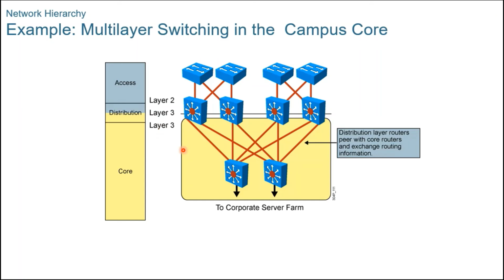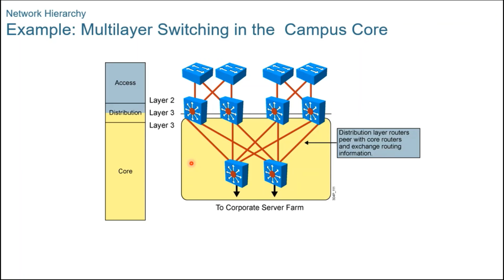Because core devices are responsible for accommodating failures by rerouting traffic and responding quickly to network topology changes, and because routing in the core with a multi-layer switch incurs no performance cost, most implementations have multi-layer switching in the core layer. The core layer can then more readily implement scalable protocols and technologies and provide alternate paths and load balancing.